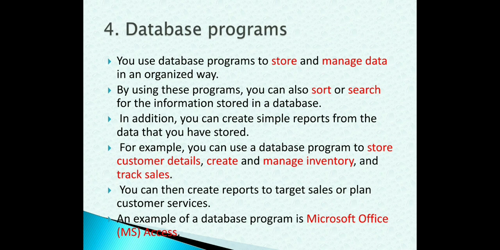But in the case if you are using a database program, what will happen? There will be two tables for storing these kinds of data. One for personal detail, another one for marks detail. In personal detail I will have my name, father's name and other personal detail. They will assign a unique id to each and every student, like a roll number. In that second table they will use my roll number only.